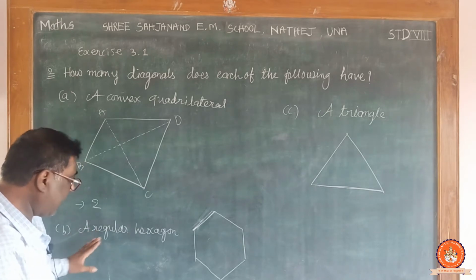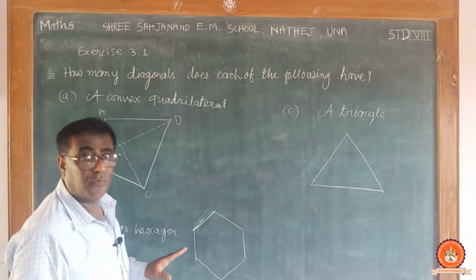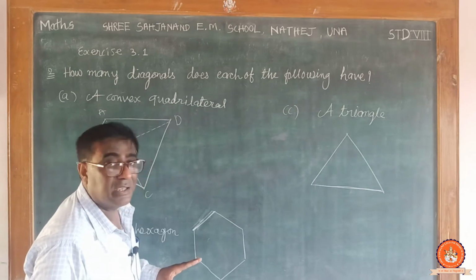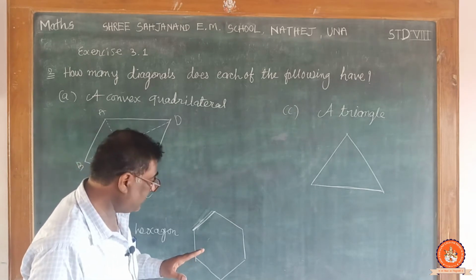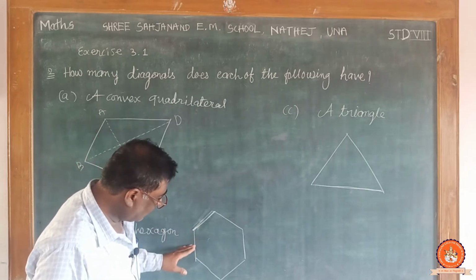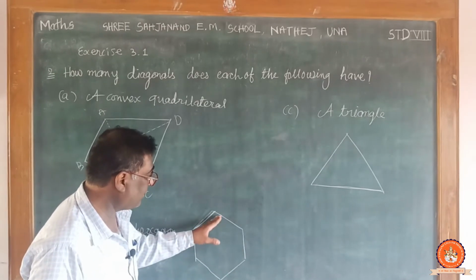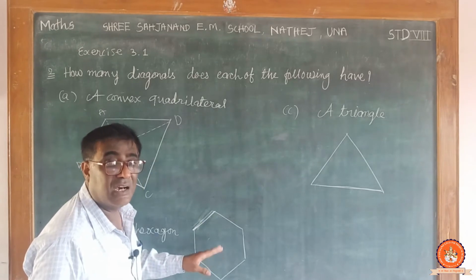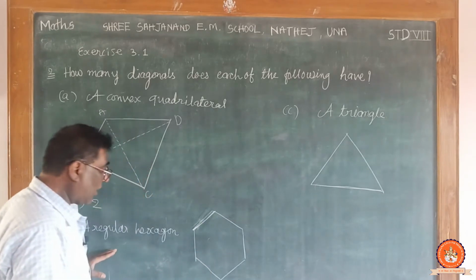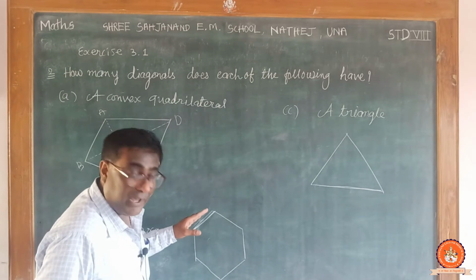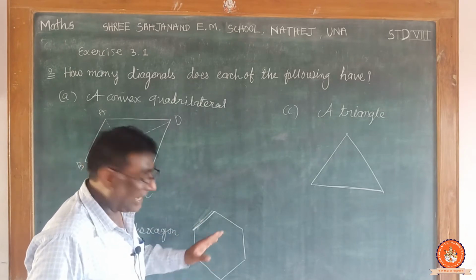Now, the regular hexagon. Regular polygon means all the sides are of the same length and all the angles have the same measure. A regular hexagon has 6 sides and 6 angles.